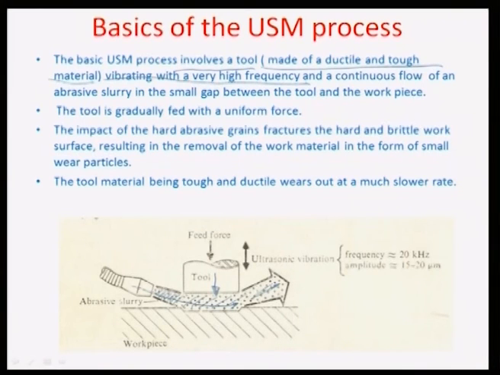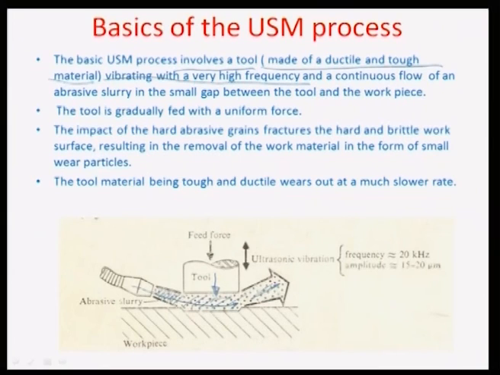A continuous flow of abrasive slurry is made in a small gap to ensure that the material removal that is happening is carried away along with the grain which has been used for the impingement, and the next set of grains come within this region.